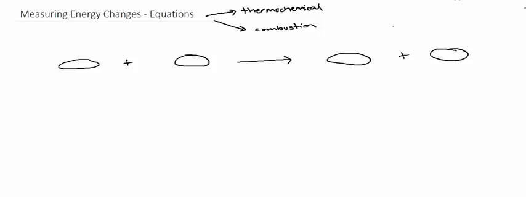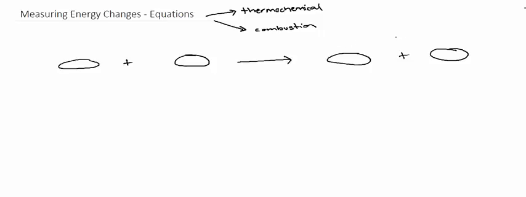With thermochemical equations, I just want to point out how they are different from what you're used to in terms of writing equations so far. Basically, you have your reactants that combine to give you some products. Where I've got these little circles or bubbles, that's where you would have the formula of the substances.